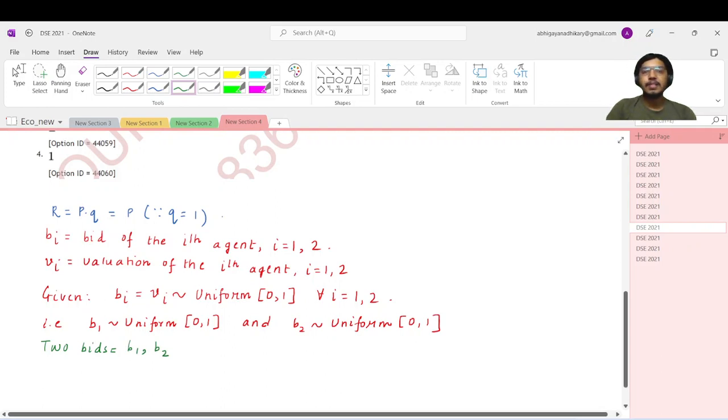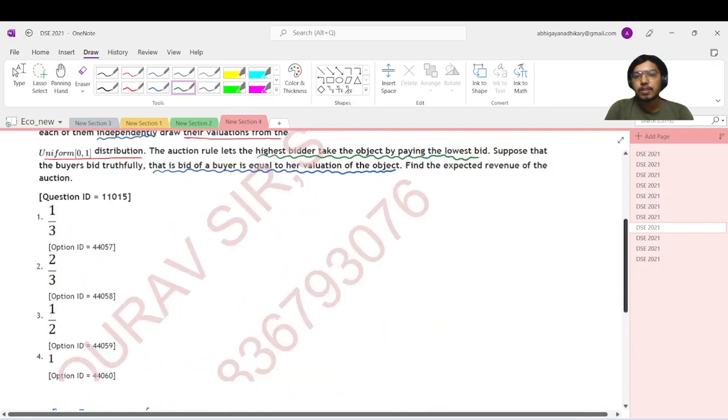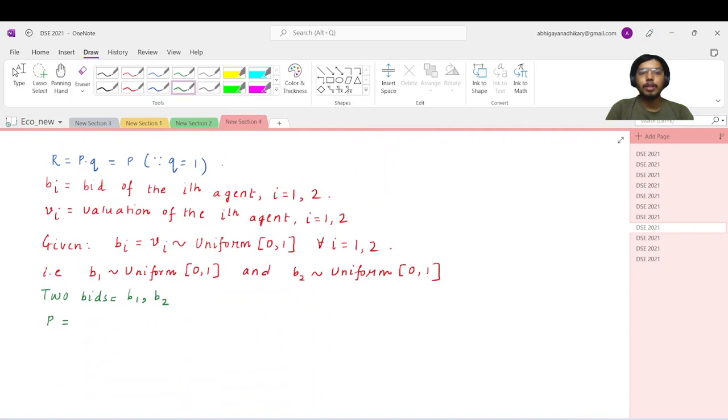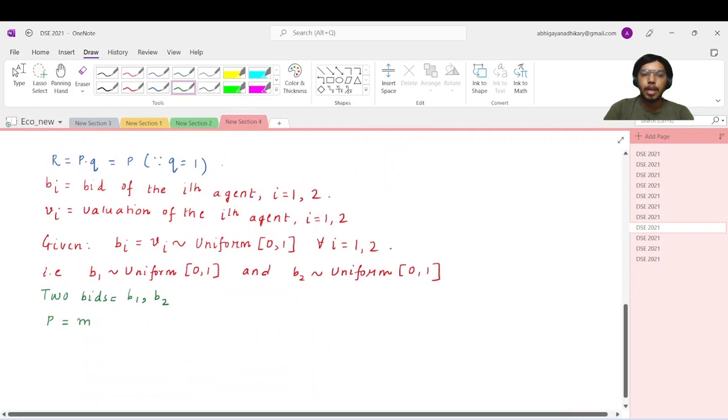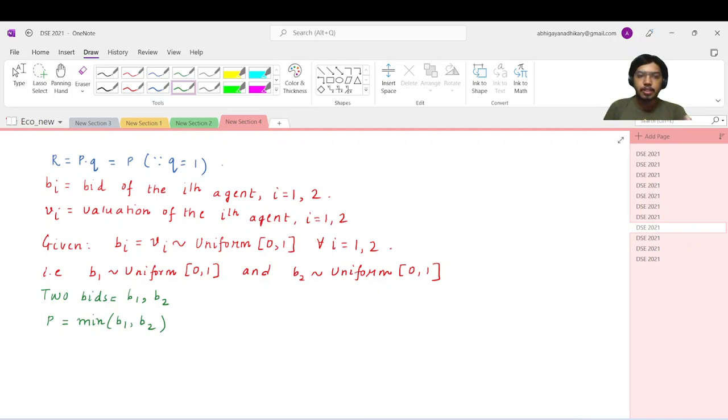So whoever bids the highest will get the object. But what is the price that he will have to pay? It is the lowest of these two, right? The lowest bid. So the P that we have to pay is essentially minimum of B1, B2, right? There are two players having two bids. So the one who bids the highest gets the object, but he has to pay the minimum of these two. This is the idea that we have to say.